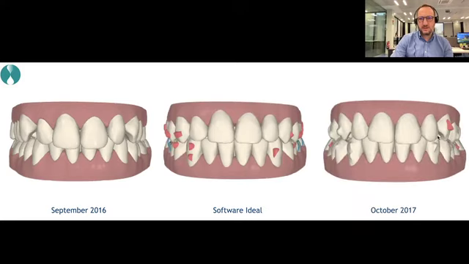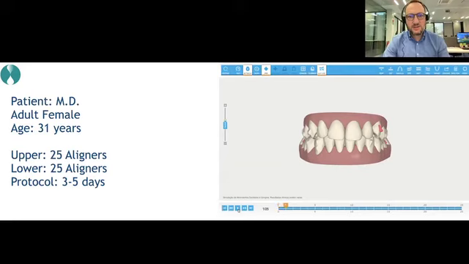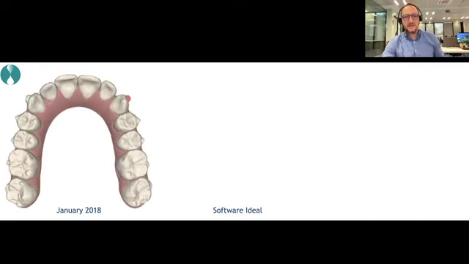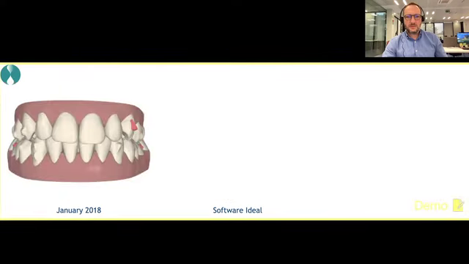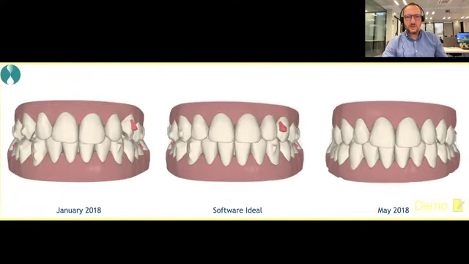She still has her cuspid and she still has a minor class 2. In the second stage we did the microosteoperforations to finish the case, with 25 aligners, and then we changed them in 3 to 5 days to finish and achieve the ideal occlusion, as we are going to see here, okay?